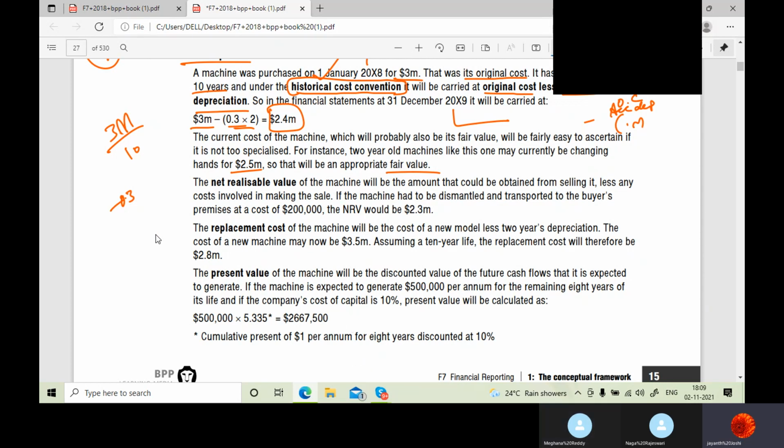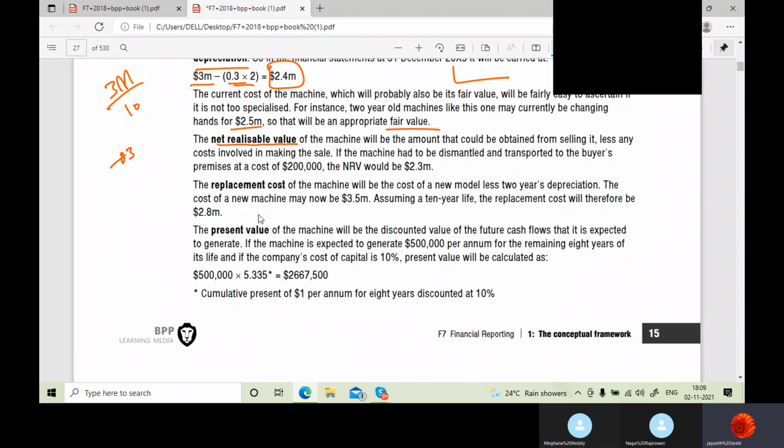Fair value, yes. The current cost is nothing but today, if I buy that or if I sell that, what am I going to get? Yes, sir. Net realizable value I already explained to you: the asset value minus whatever cost you are incurring to sell it, like cost of disposal or any kind of cost.